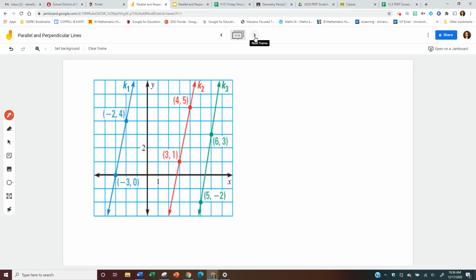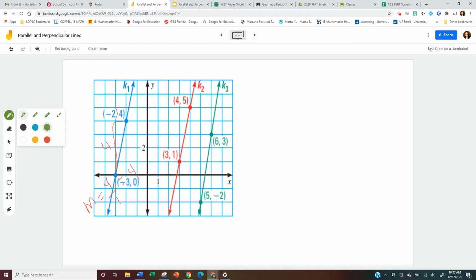Let's actually prove this. So I am going to take a look at the slope of each one of these lines. So for the blue line, from -3 to 0, I'm going to count up and over, my rise over run, and it looks like I go up 4 over 1. So this slope right here is equal to 4 over 1, which is the same as 4. Okay, let's take a look at the red line.